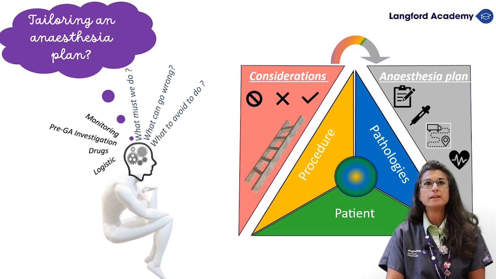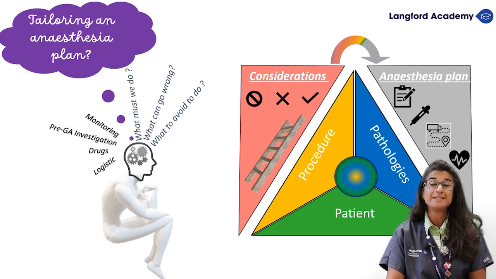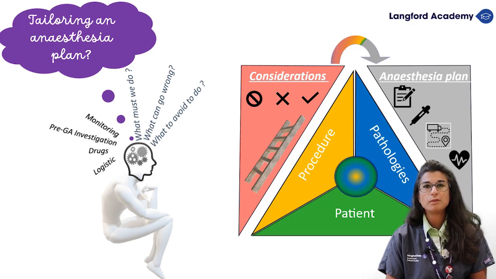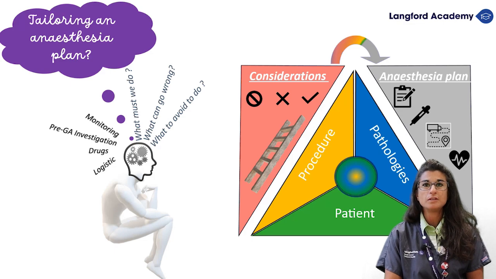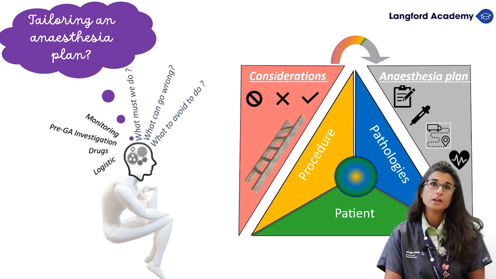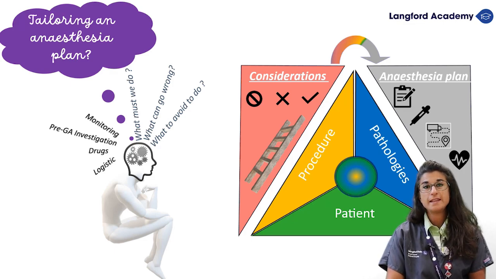But as a reminder, when you plan an anesthesia protocol, you want to consider three things: the procedure that the patient is going to go into, the pathology that he's sustaining, and the patient himself. You can organize those considerations by thinking about what to avoid doing, what can go wrong, and what we must do, and then organize them according to the most likely to happen or the most important one.